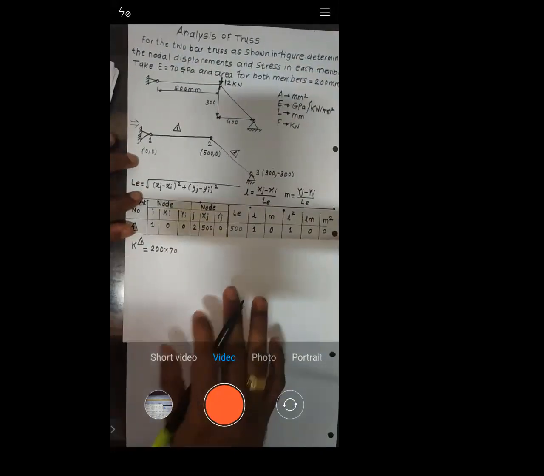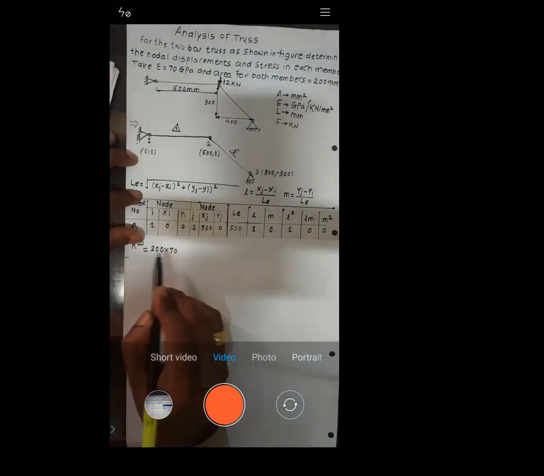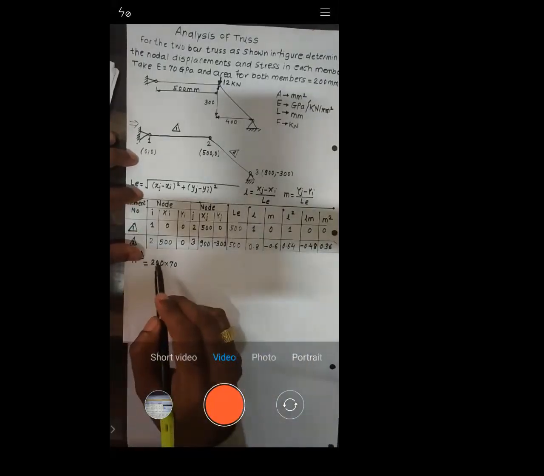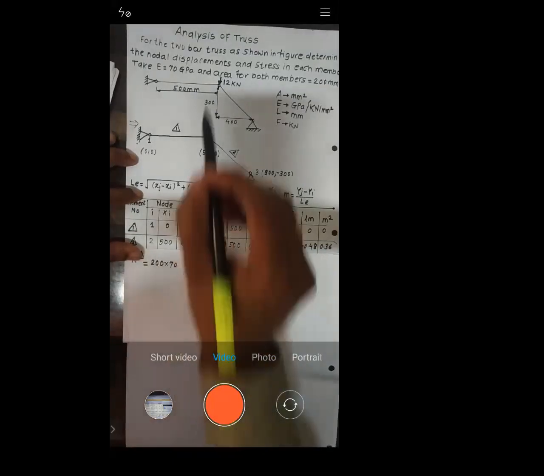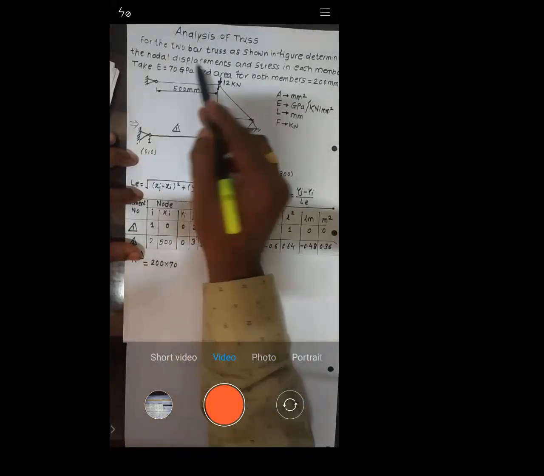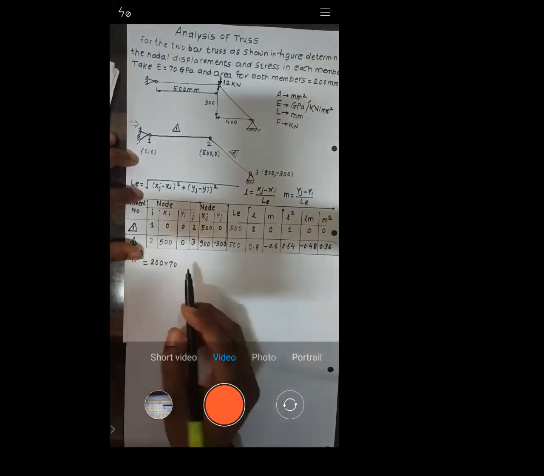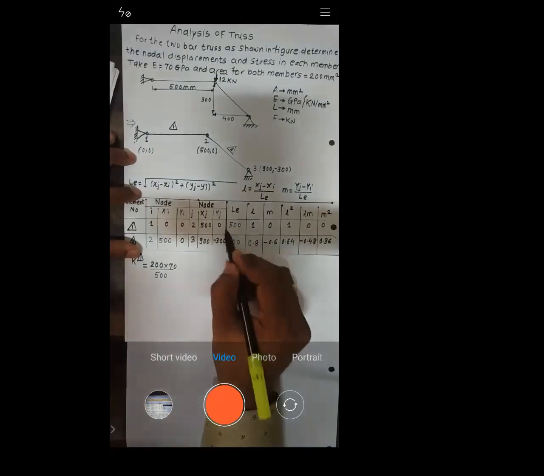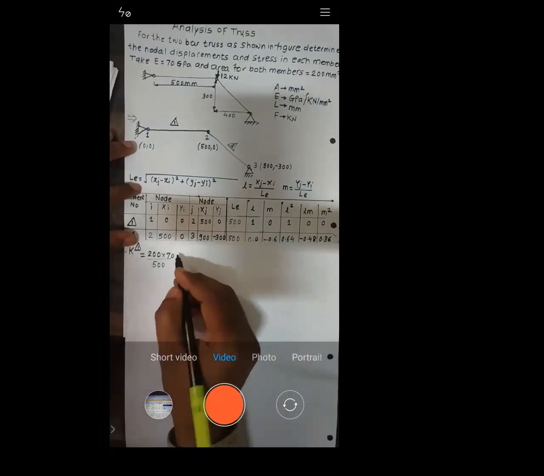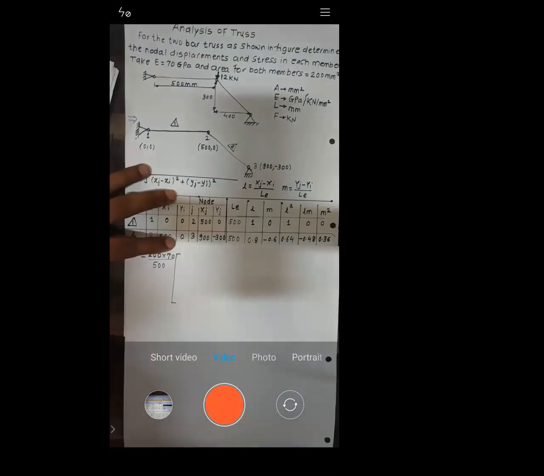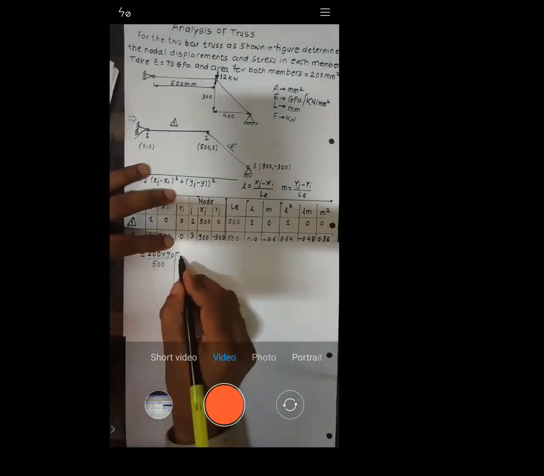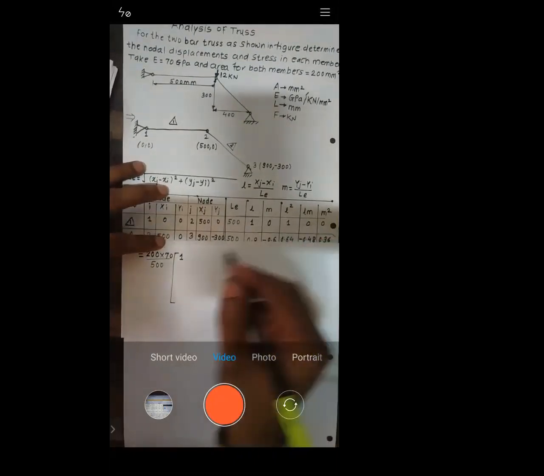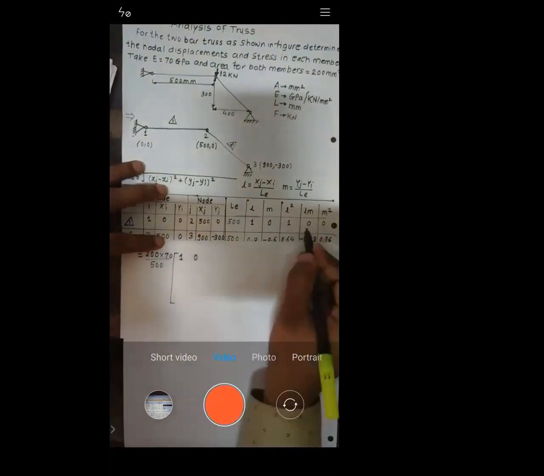So we have AE by L. The area is the same for both elements, and E is the same for the entire problem, that is 70. What is the length of the first element? 500. Then L square is 1, LM is 0, and M square is 0.